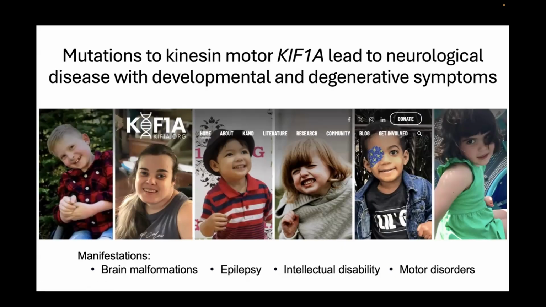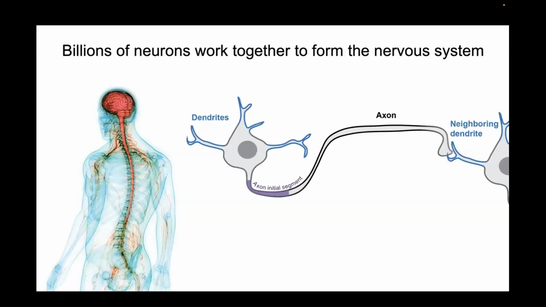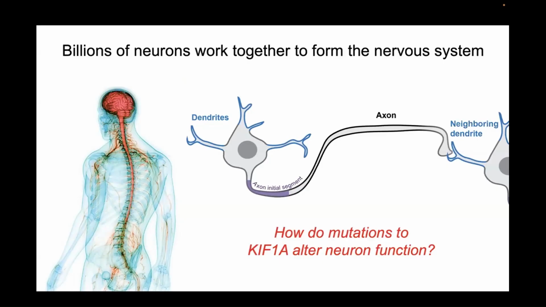Like MEF2C, KIF1A encompasses a wide variety of clinical phenotypes, from changes to how the brain is forming, all the way to how the motor neurons are connecting and how the kiddos can move and think and communicate. And I came into this project trying to understand how different mutations to KIF1A could alter the neuron function during development.